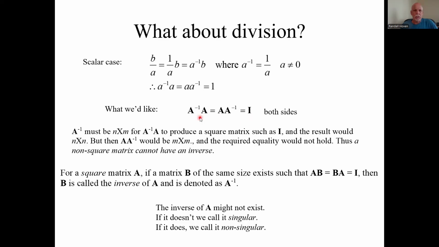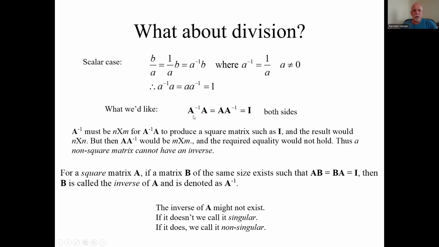For one thing, if A is m by n, you know that I is square, right? Then A inverse would have to be n by m for this product to be square. But then if I multiplied on the right, I would get an m by m.